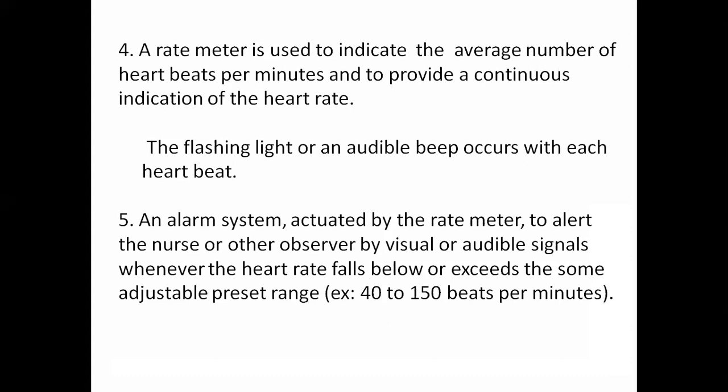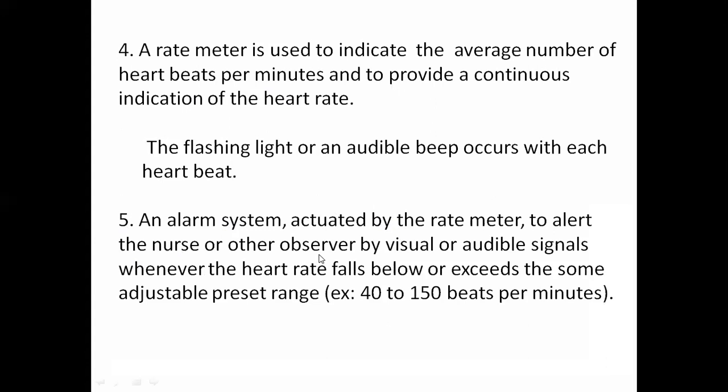Similarly, the alarm system. The alarm system is actuated by the rate meter. Depending upon the heart rate, this alarm system will produce alarms if the heartbeat rate decreases or increases.